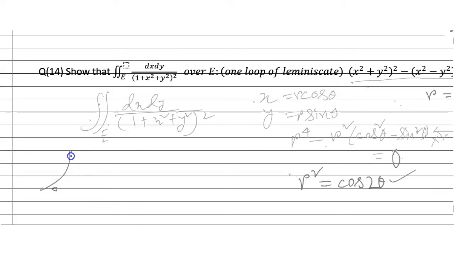The integration is 0 to pi by 4 according to the theta condition, and r is 0 to root over cos 2 theta, and the Jacobian J equals r, and we have dr into d theta divided by 1 plus r square whole square into r.